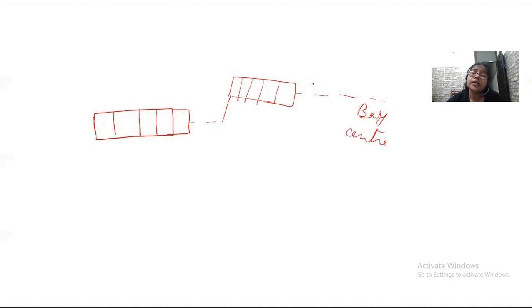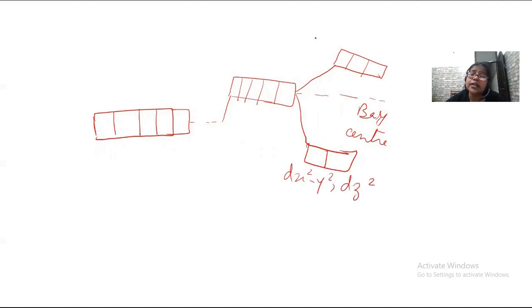Now, because this is getting more destabilized, the dxy, dyz, and dzx, this will get stabilized, right? What are these? Dxy, x square minus y square and dz square. This is dxy, dyz, and dzx, right?